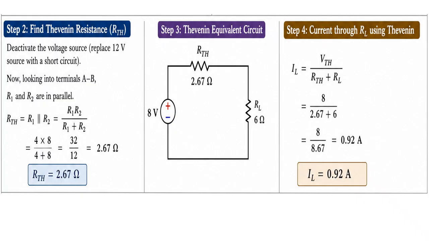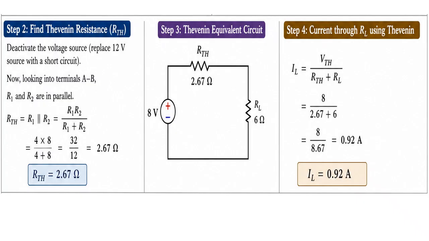And the next step is to find the Thevenin's resistance. For the Thevenin's resistance, first we have to deactivate the voltage source, that is, we have to short circuit the voltage source. After short circuiting the voltage source, now the terminals A and B contain resistances R1 and R2 that are in parallel across the terminal AB.